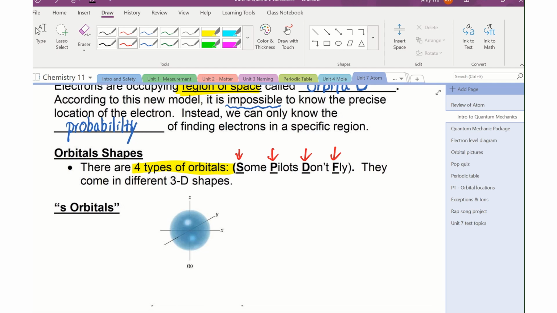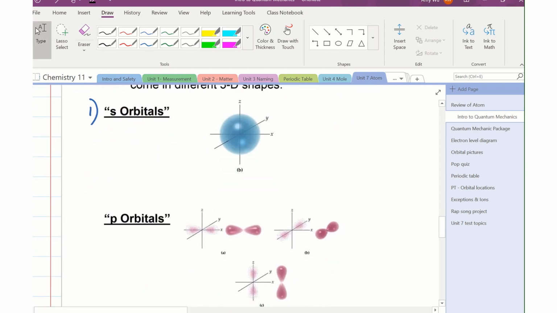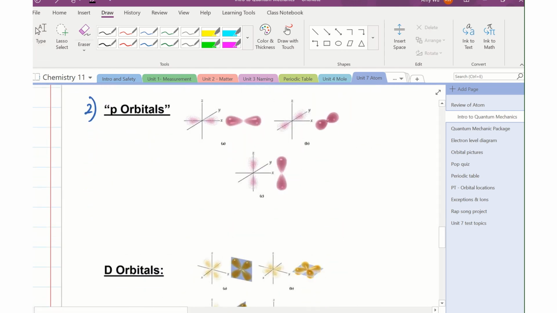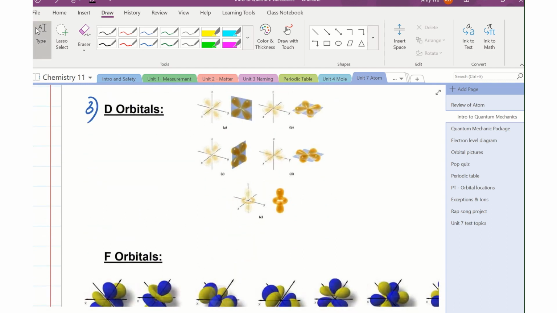Especially during this time, I guess lots of pilots got laid off. So the four types of orbitals are S orbitals, P orbitals, D orbitals, and F orbitals.